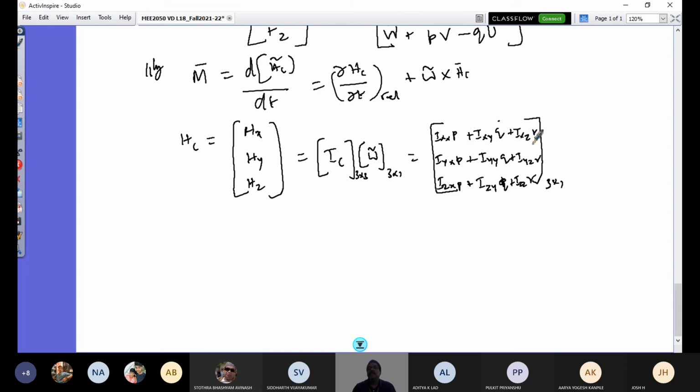So this is the angular momentum, which is influenced by our centroidal inertia matrix.